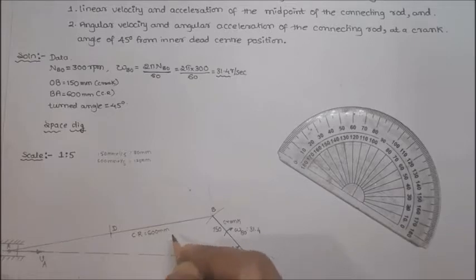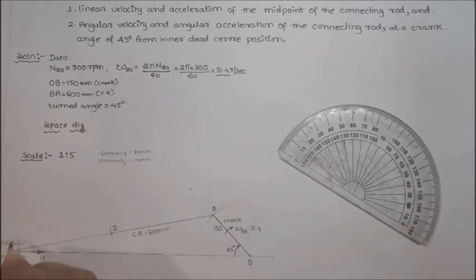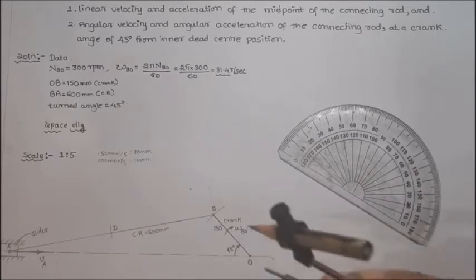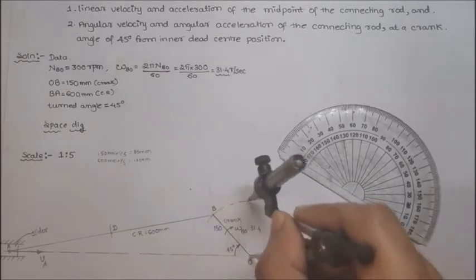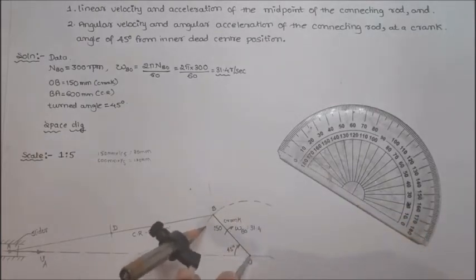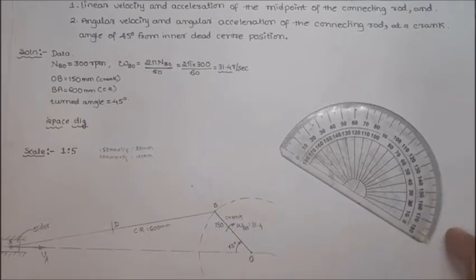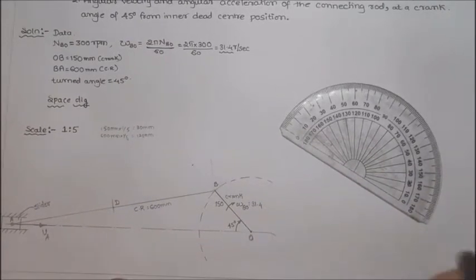Later we have to convert it into meters, and this one is the slider. After knowing these, what do we need to find out? We need to find out the velocity at point B with respect to O. For that, the crank rotates in a direction, so to give it a good look we'll draw it like this also. A little bit of height I require.